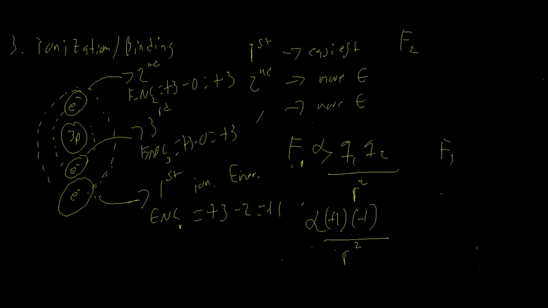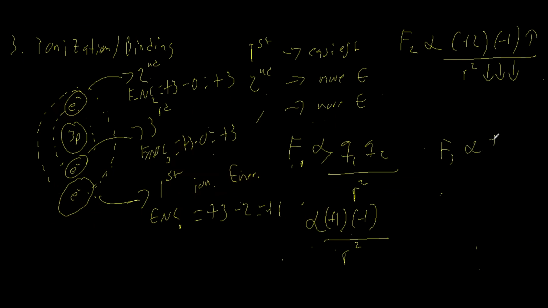If we go into F2, you are going to see that first I have an increase in my effective nuclear charge. So the numerator is going to increase. And what happens to R? R decreases greatly because we went from the second energy level to the third energy level. So let's do 3 arrows here to show that great increase. You can expect a big jump between the first ionization energy and the second one.